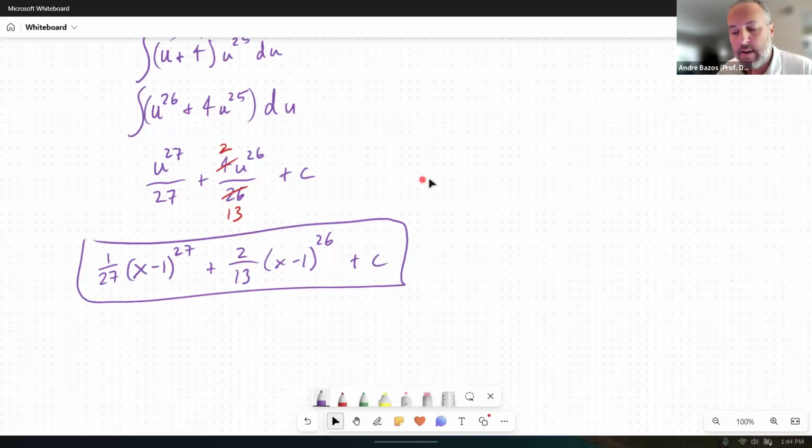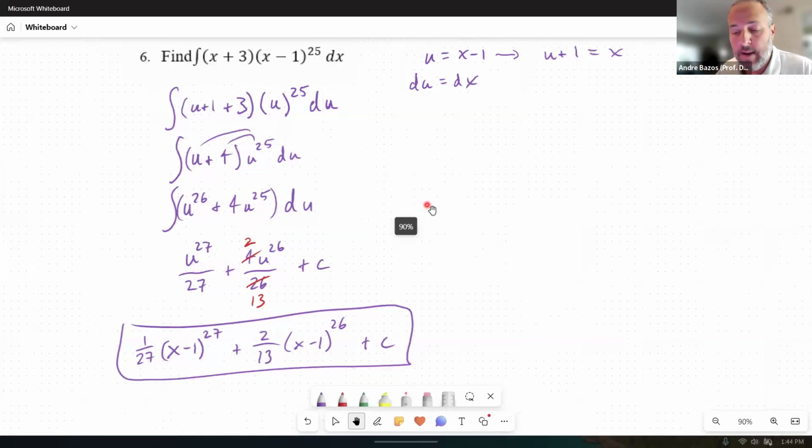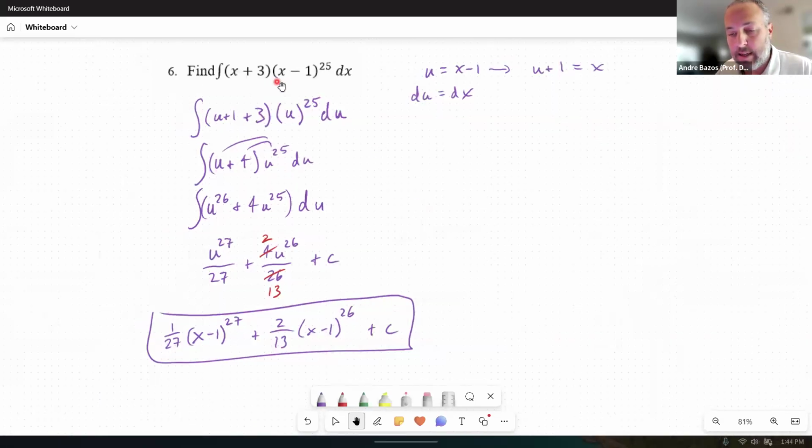I could check it to see if I get back to the original. It will work, but it might take a little manipulation to be able to see that we do get this. A little factoring, yeah, factoring out this bit to see that you got x plus 3 on the rest of it. So, all right, there's that one. Let's move on to the next one.